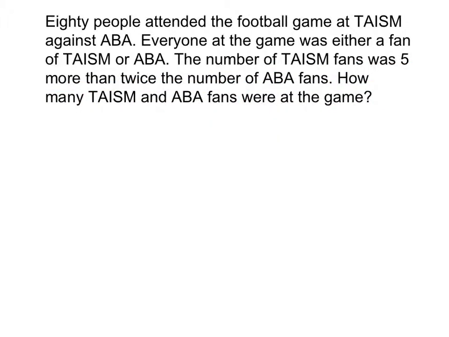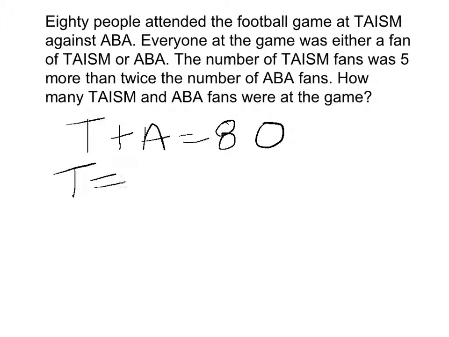So in our system, this is what the system of equations should look like. First equation, t plus a equals 80. Second equation, t equals 5 plus 2a. And the best way to solve this problem is by substitution.